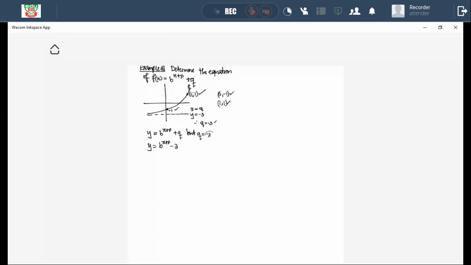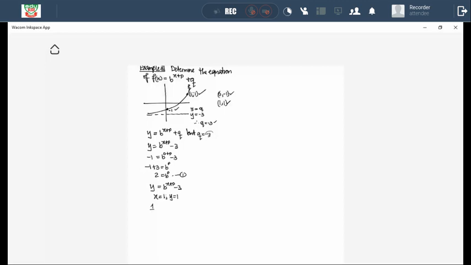So when y is -1, this is b to the power of 0 plus p minus 3. Transpose -3, that will be b to the power of p. So 2 is equal to b to the power of p. That's equation number 1. I'll now substitute the next point. We know that y is equal to b to the power of x plus p minus 3. So x is equal to 1 when y is equal to 1.